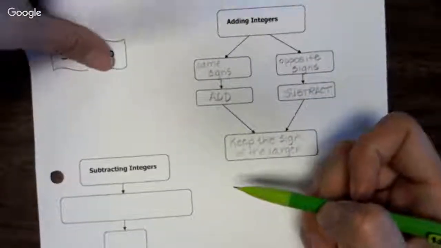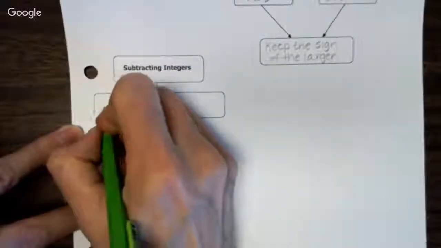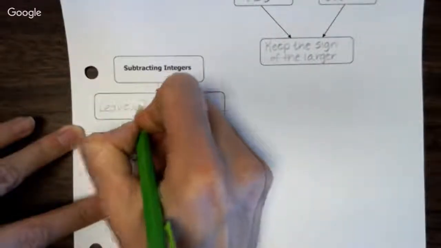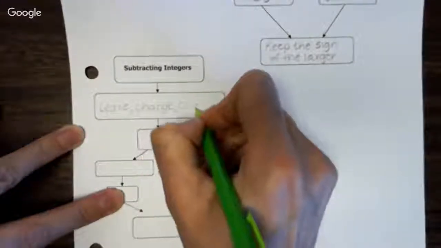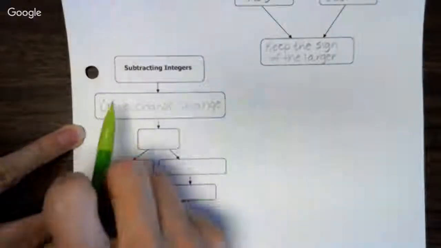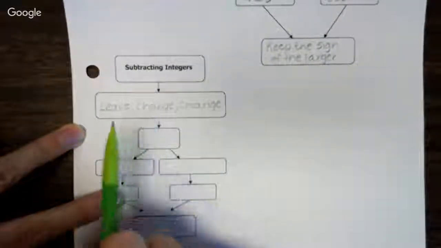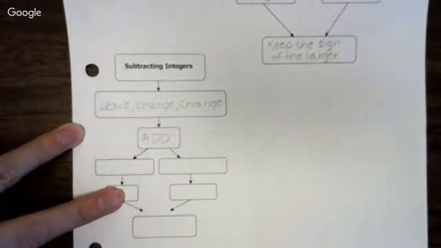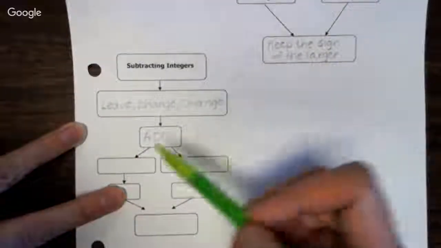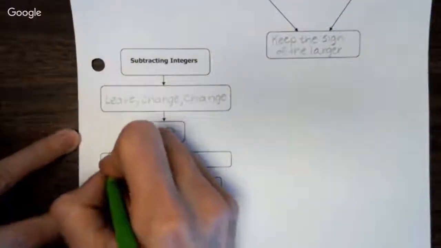All right, so there's a similar diagram for subtracting. The first thing we keep doing for subtracting is leave, change, change. That's the most important. So leave, change, change. Leave the first number, change it to addition, change it to its opposite. Now, once we do that, it's just an adding question or an adding problem because we've changed it to addition. So when you're adding, you have 2 different scenarios, which should look awful familiar from above.